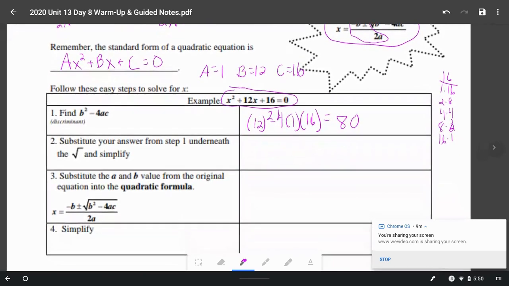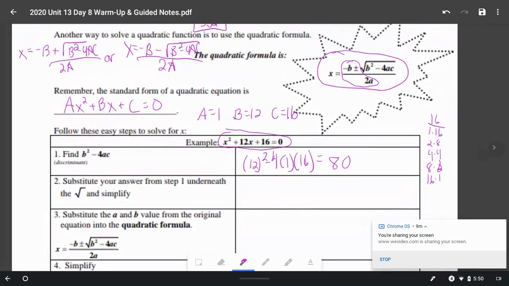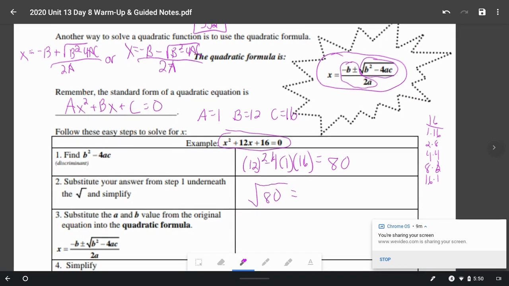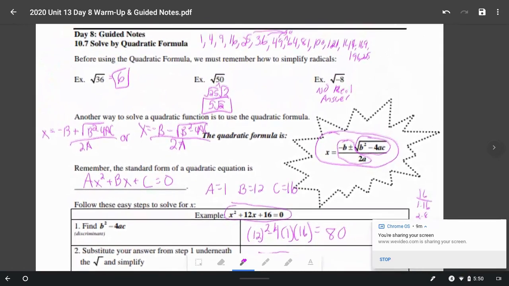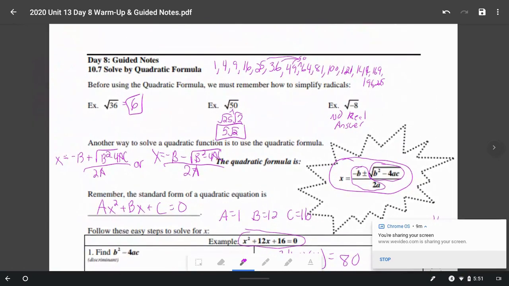So now we're going to put that 80 under the square root, because that is this piece right up here. That's where the 80 goes, is underneath that square root. And then it asks us to simplify 80. Well, 80, if I think about my perfect squares, I think if we go back up above here, 80 is right here, right before 81.